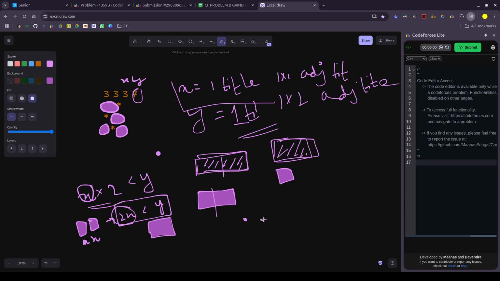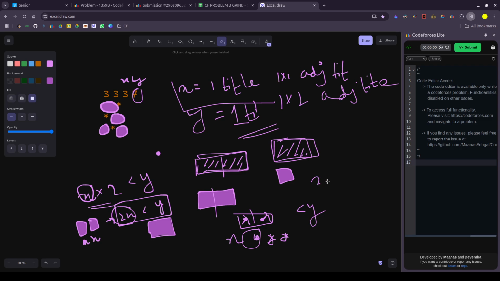So if there are two adjacent dots, then we will always pick x. This will be covered by x, and this will also be covered by x, and the cost will be less than y. And if there is no adjacent dot, then we will obviously choose x.